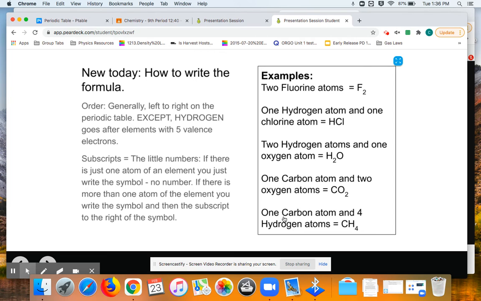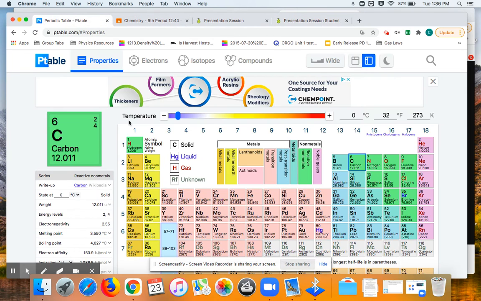We have 1 carbon atom and 4 hydrogen atoms. So it's CH4. This is what the formula is. But if we look on the periodic table, H is over here, all the way on the left. So you would think, oh, I would list H first, but you don't, because H doesn't come until after this column here with the N. It goes in between N and O. So that's why this is C and then H4.